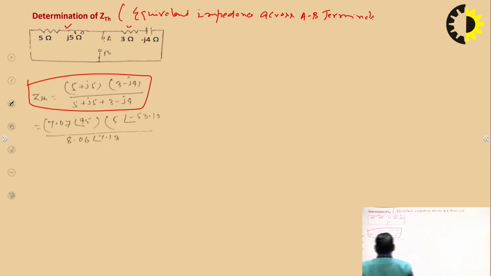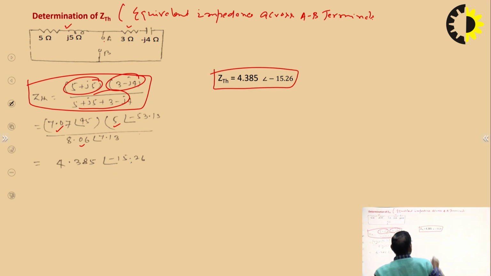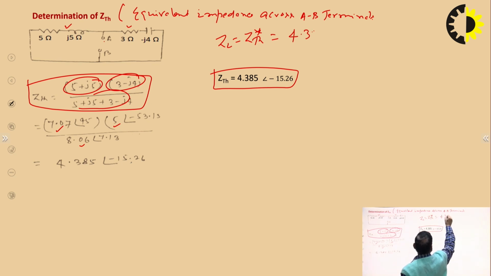So just convert this rectangular into polar, then divide, multiply, and we get the ZTH. So this is the ZTH. Now, ZL will be ZTH conjugate.